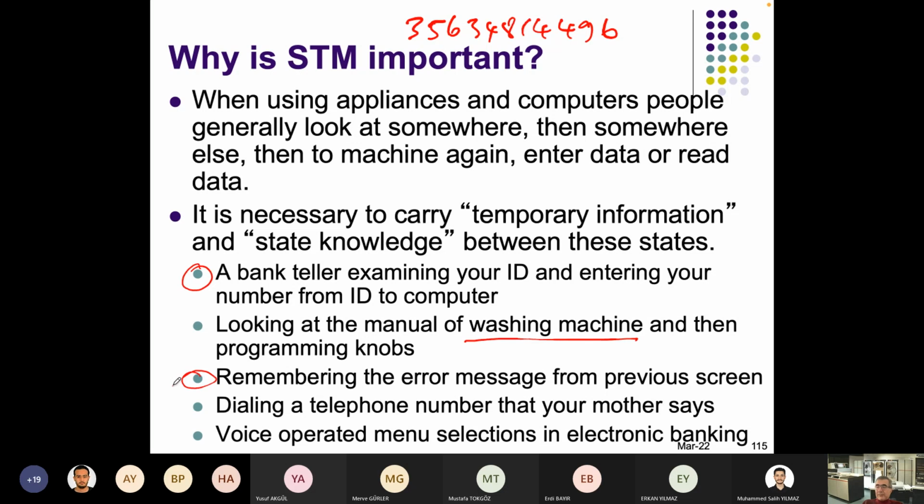You say OK, and the message goes away. You start trying again, but then you forget what was the previous message. You have to remember the previous message in order to continue for the next screen. Therefore, it's quite important to remember things from the previous screen.